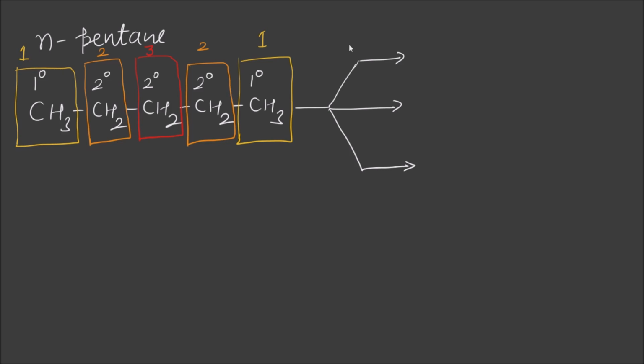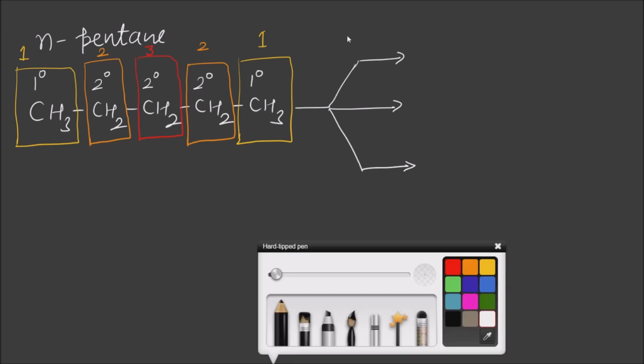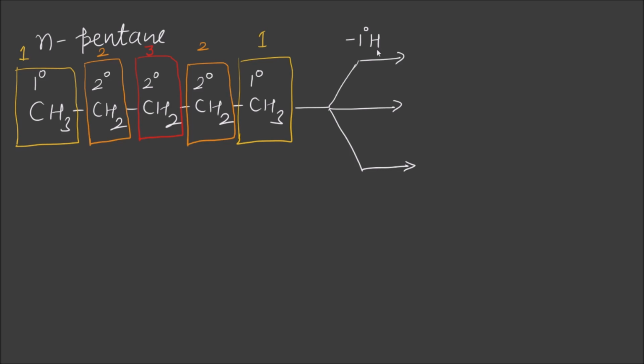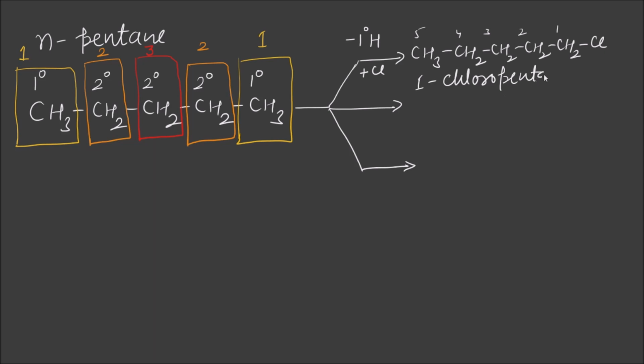So if we remove a primary hydrogen and add chlorine, this is the first one. So what is its name? Obviously it is 1-chloropentane.